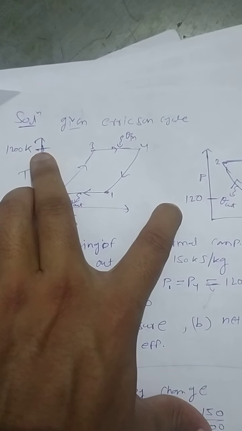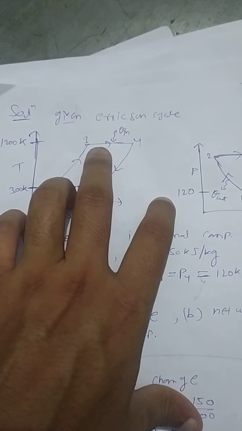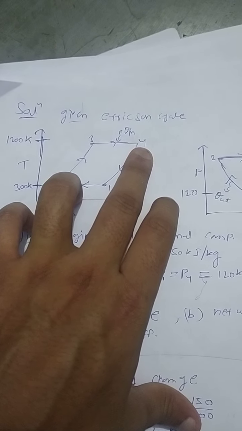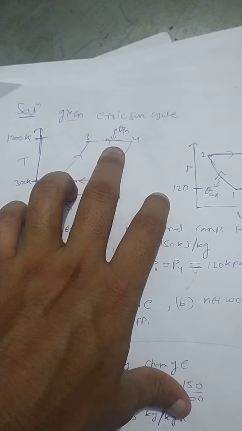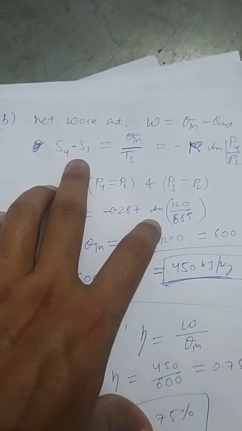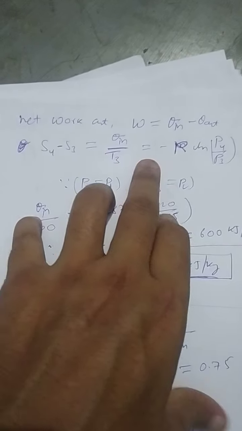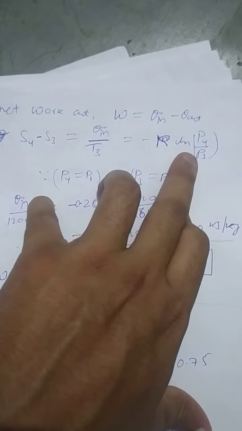That is at constant temperature. So we can say the entropy change from 3 to 4, S4 minus S3, is equal to Q in divided by T3, and it is also equal to minus R ln P4 by P3.